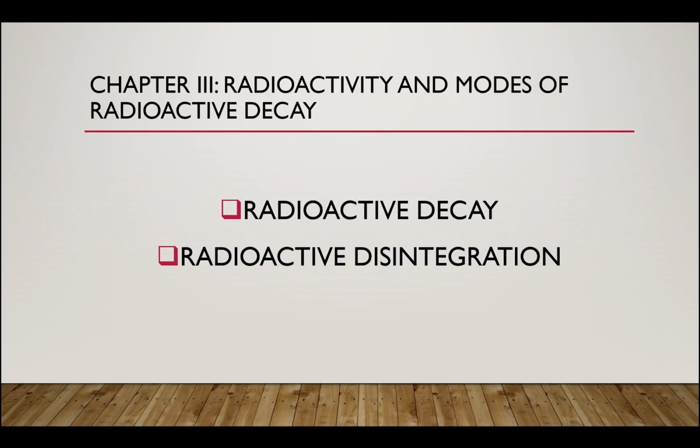This phenomenon, the spontaneous emission of such particles from the nucleus, is what we call radioactivity. The atom or substance that possesses radioactivity is commonly referred to as a radionuclide.